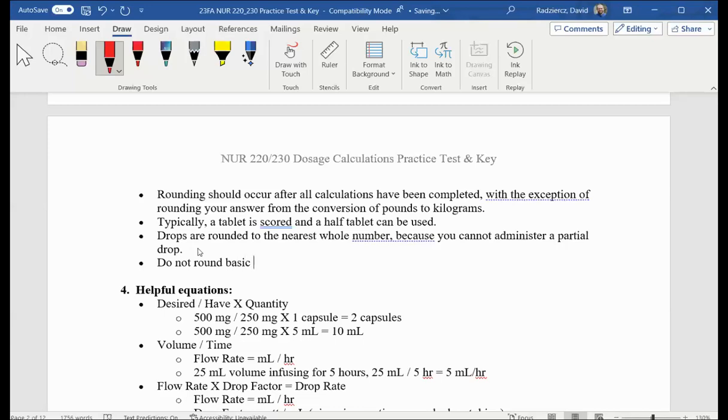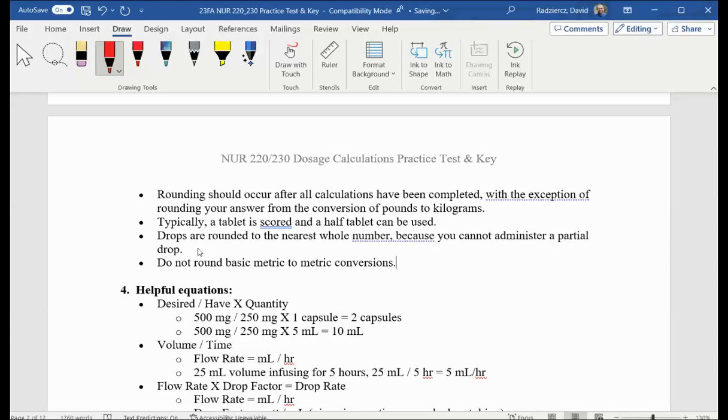Correct. When you do basic metric to metric conversions, you don't round those. You will round if you go from metric to household. So if you go from pounds to kilograms, that's household to metric, you would round to the nearest 10th in that example.